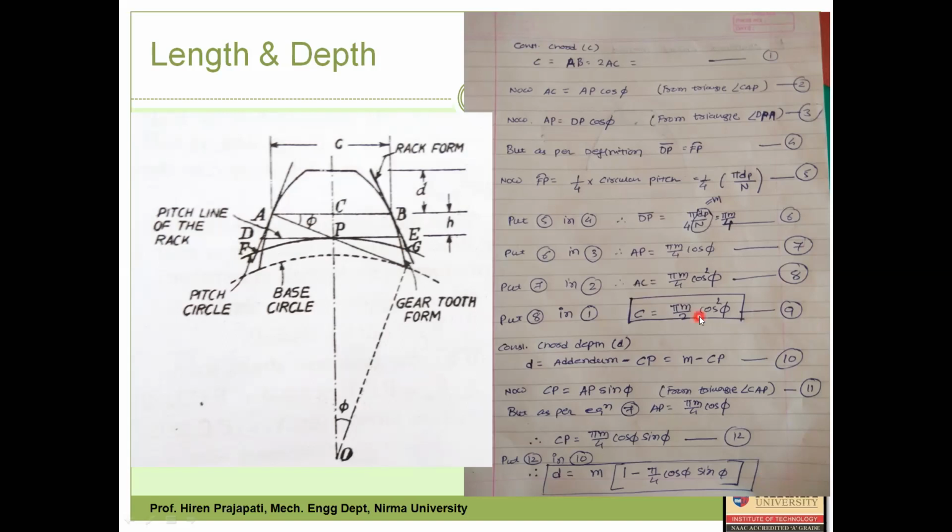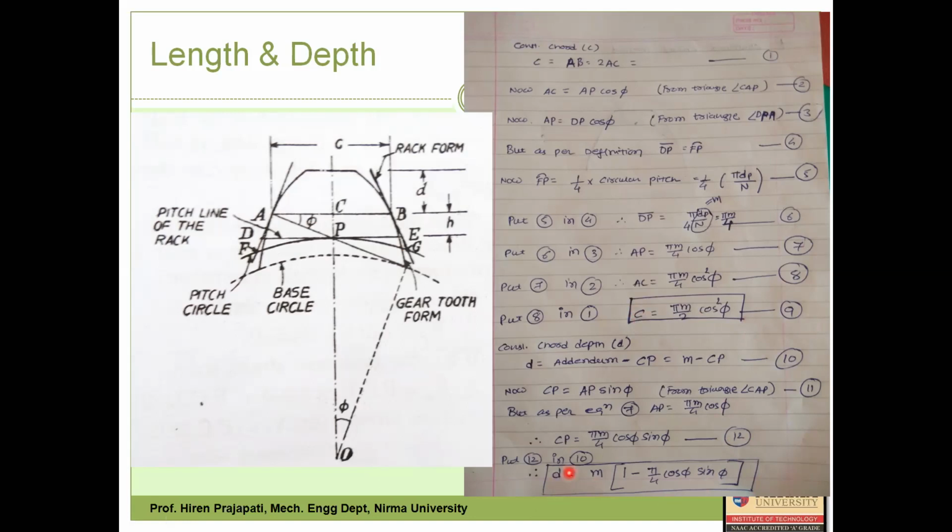Equation 9 is for constant chord length, and equation 13 is for depth of constant chord. So just solve these two equations for any gear with its module and pressure angle value, and you get a theoretical value of D and a theoretical value of C.